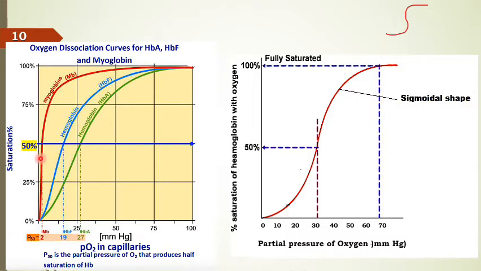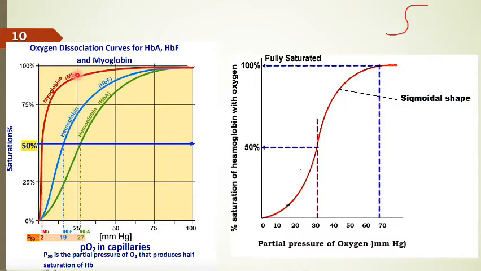What does it mean that hemoglobin is saturated by 40%? It means that the hemoglobin delivers 60% of its cargo of oxygen to the tissue. If we have 20 millimeter mercury, the partial pressure of oxygen in the venous blood, and you look at the myoglobin, we go upward, the graph in red.